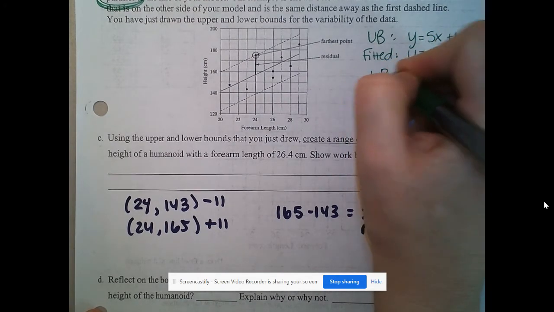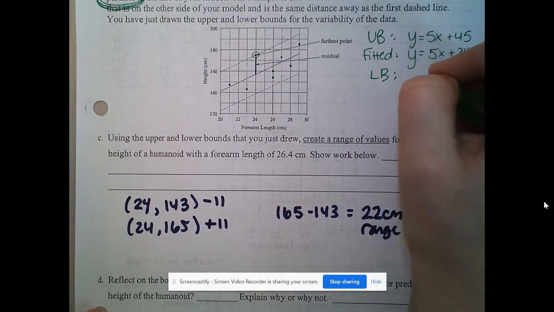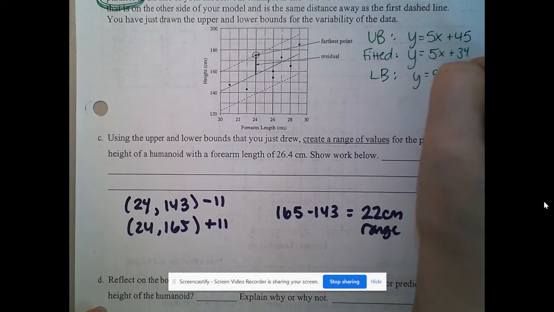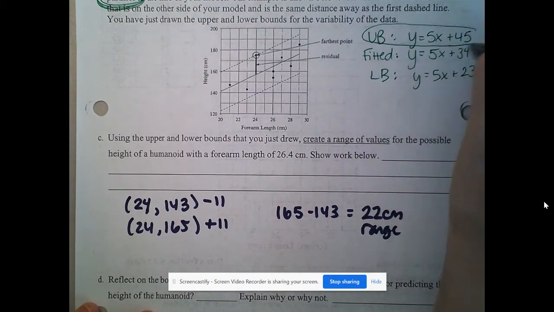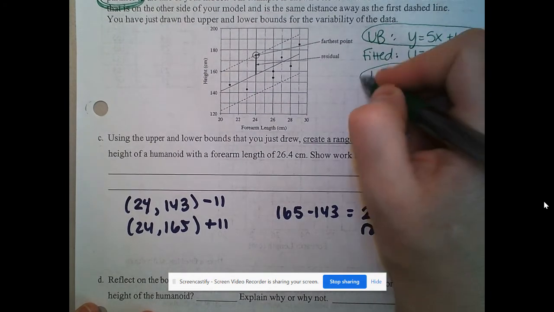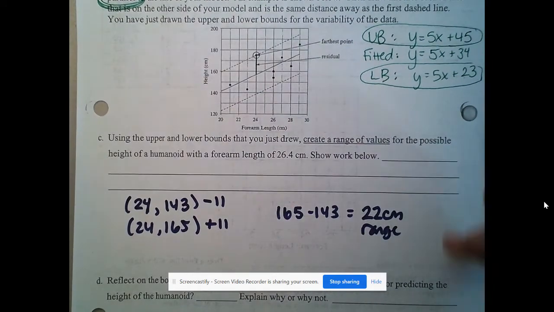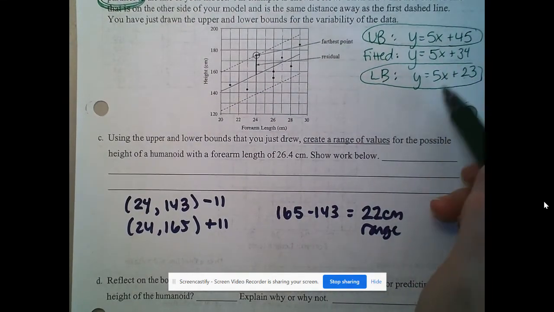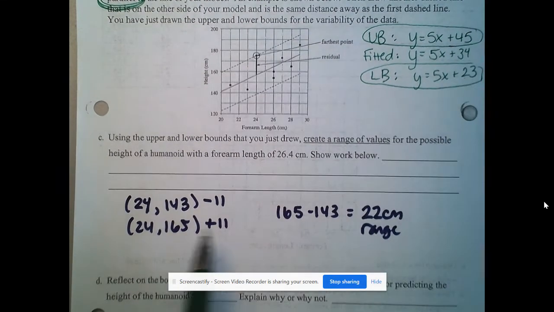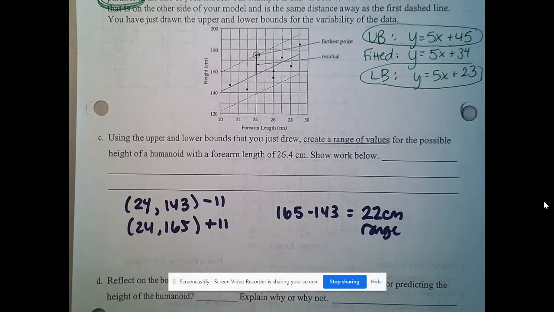Our lower bound might have been 11 lower, y equals 5x plus 23. So this would be the equation for the upper boundary. This would be the equation for the lower boundary. And if you plugged in 24 to each of those, you would get the 143 and the 165.